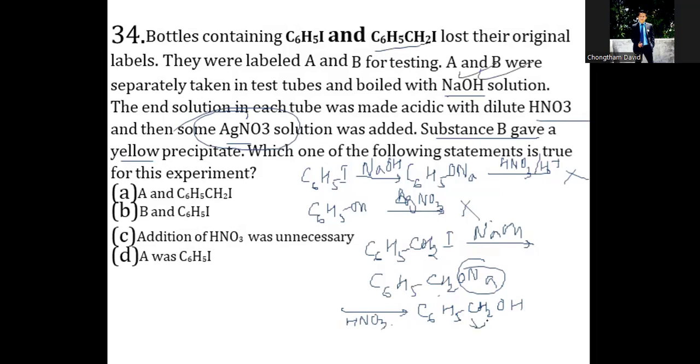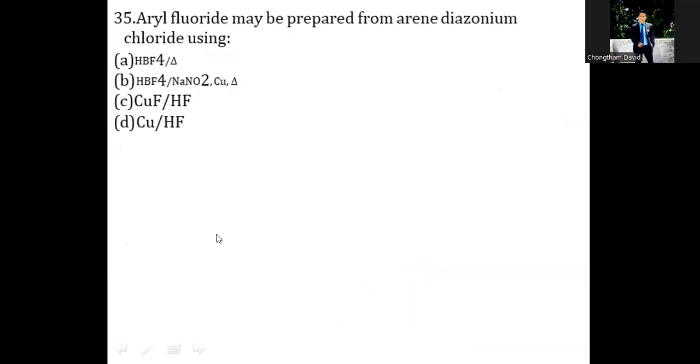And again, treat this with silver nitrate, you will have a yellow precipitate. So which is the correct answer for this? You have to find A, right? So A which we have used was C6H5I. So D is the correct answer.